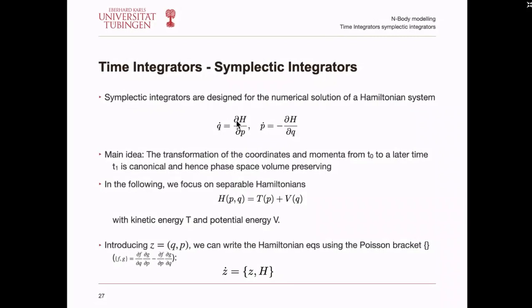In the following, I will concentrate on so-called separable Hamiltonians, where you can split up a kinetic part, T, which depends only on the velocity, in our case on the momentum, and a potential part, the potential energy V, which depends only on the positions, or Q. This simplifies the following terms very much. And this is also the case we have, for example, in a classical n-body system.